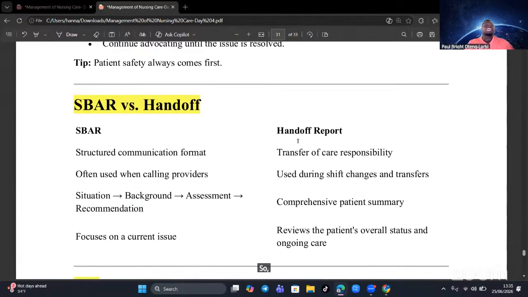So do you want to use handoff or you want to use SBAR? The decision is yours. You have learned this training, so you will decide which one to use. And these are the differences that come with it.